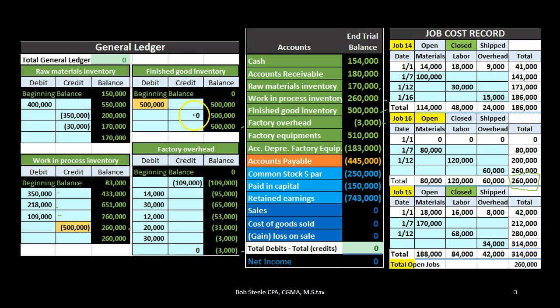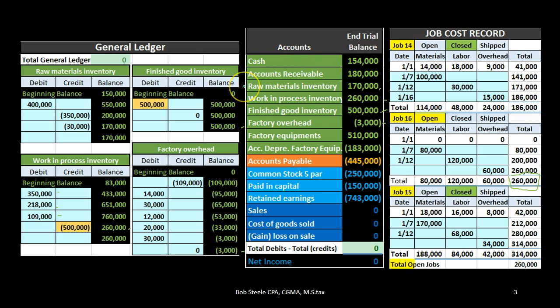The general ledger is also going to be supported in a job cost system by job, tracking the costs by job cost unit. Therefore, when transferring work from work in process to finished goods to cost of goods sold, we can track the total cost, which includes materials, but also labor and overhead through that job cost process.